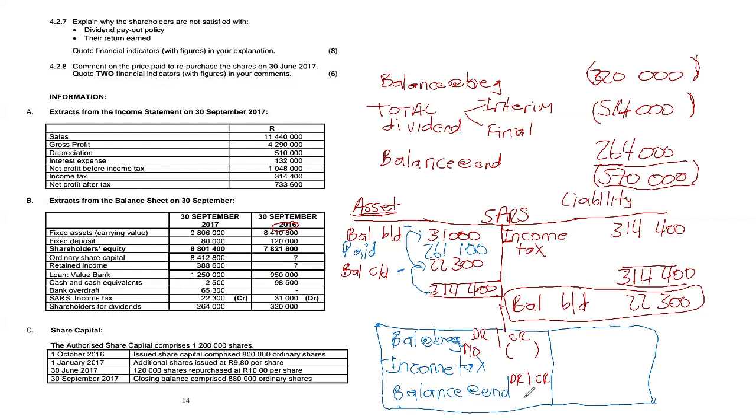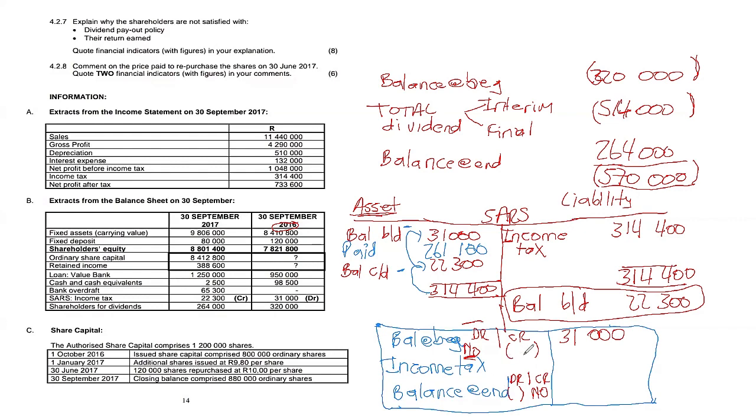So if it's on the debit side, it means bracket, and if it's on the credit side, it means no bracket. Our balance at the beginning was on the debit side, which was 31,000. So according to the rule, if it's on the debit side, it means no bracket. It means that it's an asset.